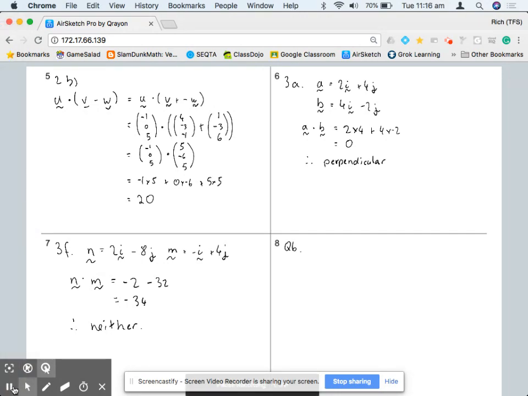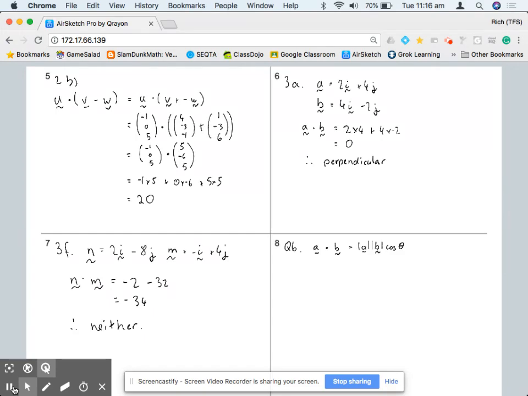So question 6 is the first time we're asked to use the alternative version of the formula, because you are asked to find the angle between the vectors. We're going to use this notation: a dot b is equal to the magnitude of a times the magnitude of b cos theta.